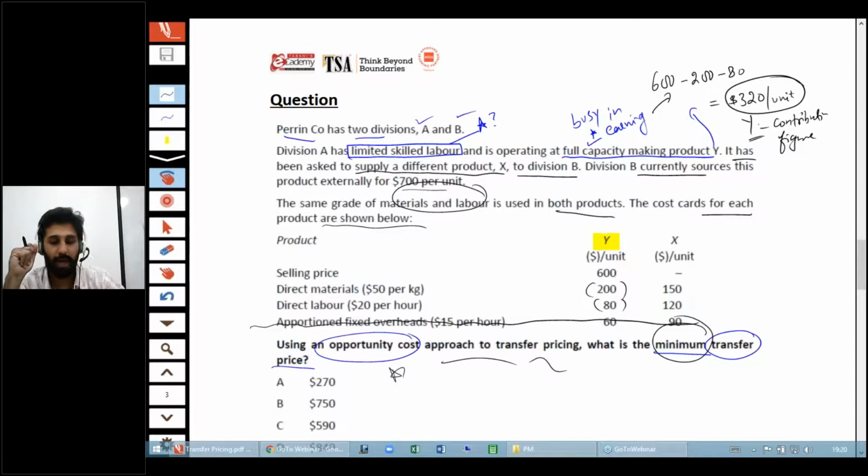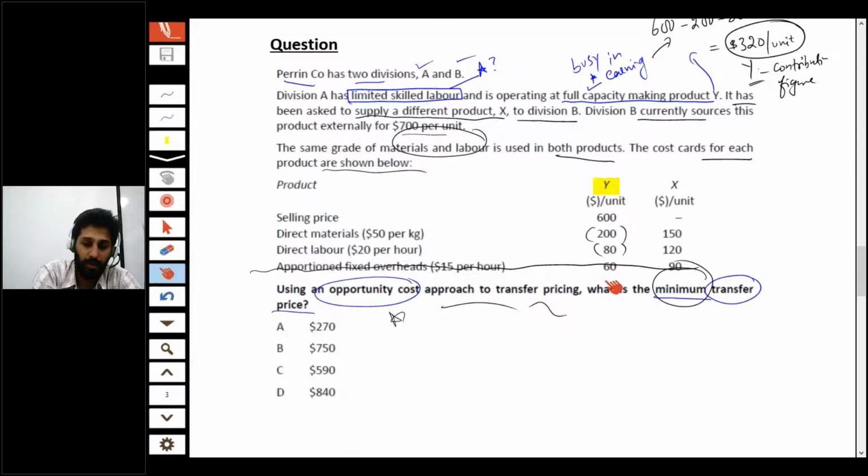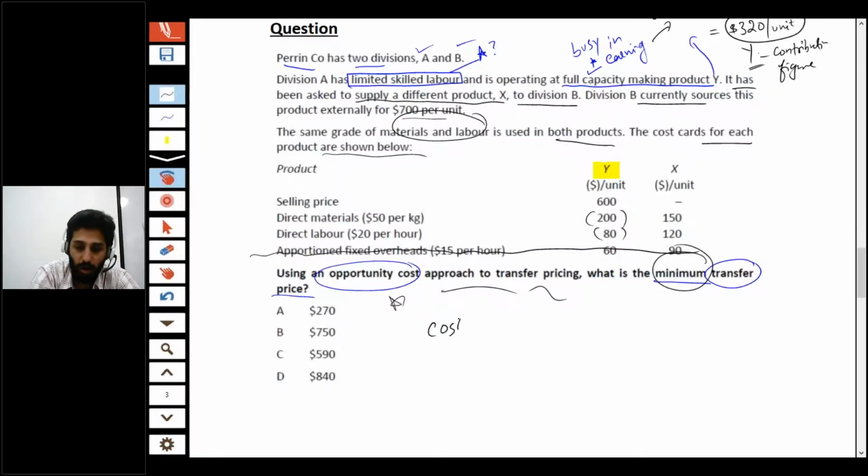Okay, I'm now solving this question. In this question, there would be the cost of X plus the opportunity cost of Y, right?